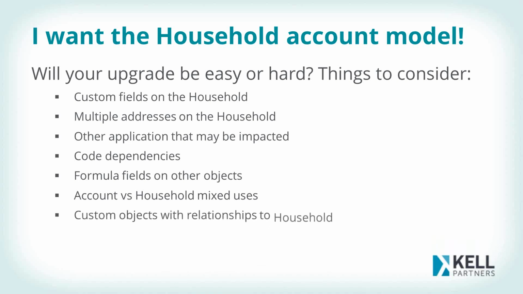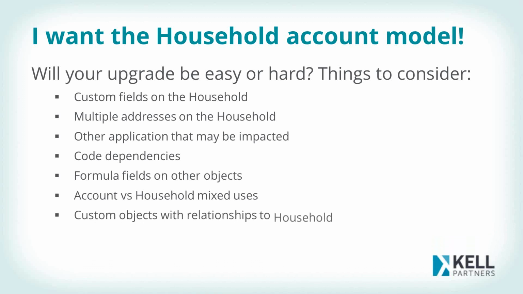All right, custom objects with relationships. So I talked about formula fields on other objects. Another thing to consider is you've made a custom object and you've created a relationship, either lookup or even master-detail, to household. You've got to go through now, and this is not quite as easy. Formula fields, you just go edit the formula, put in the new, done.